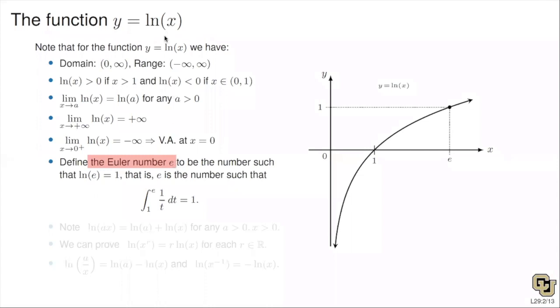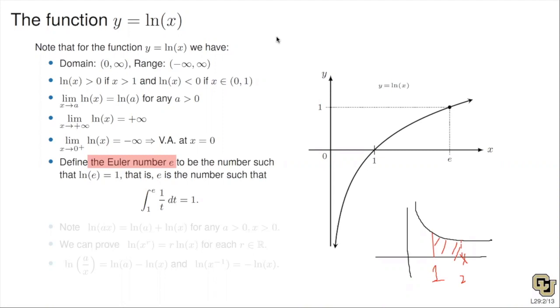So if we think about the graphical definition of the natural log, I've got 1 over t, and now I'm integrating from 1 to any number. For example, if we integrate from 1 to 2, using Riemann sums, we can show this area here is less than 1.